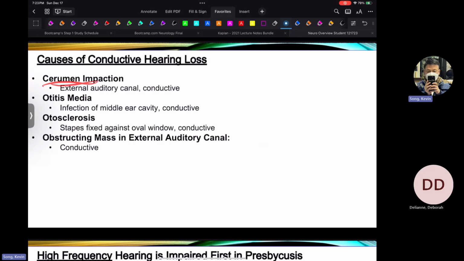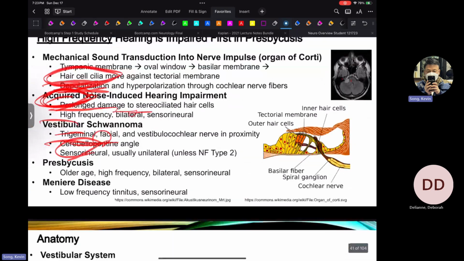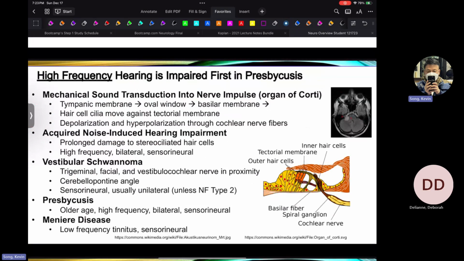All right. The causes are earwax, or problems in the external ear or middle ear, such as infections, otitis media, and obstructing masses. Those are all conductive things. Another thing you need to know is high frequency.